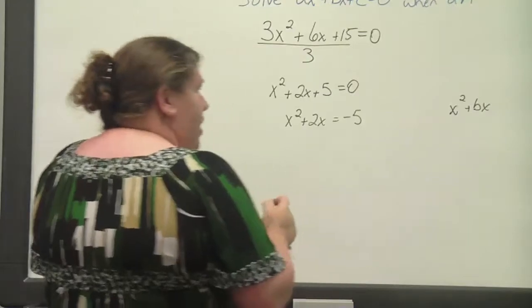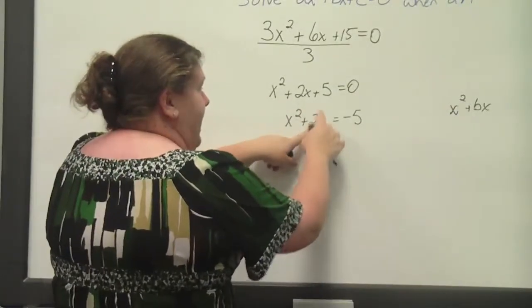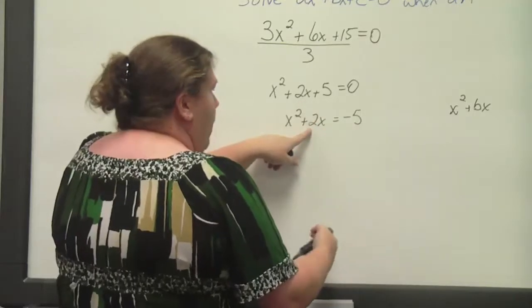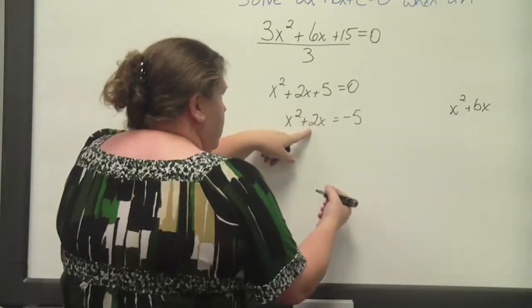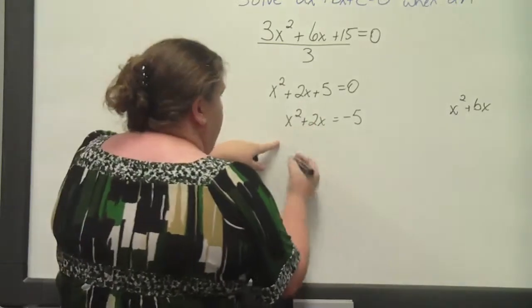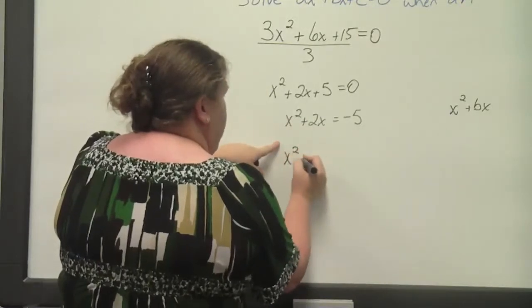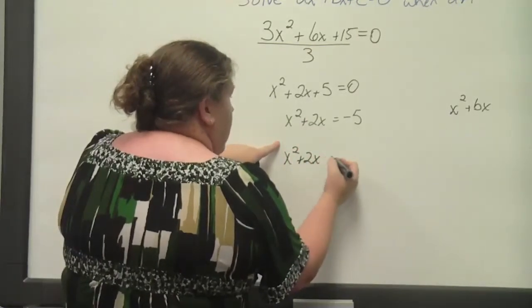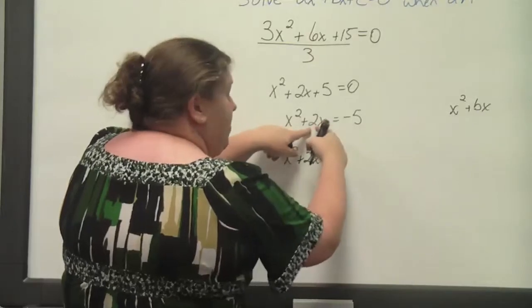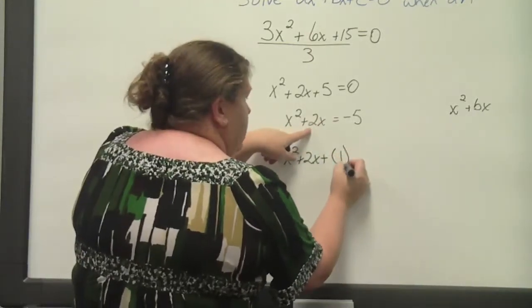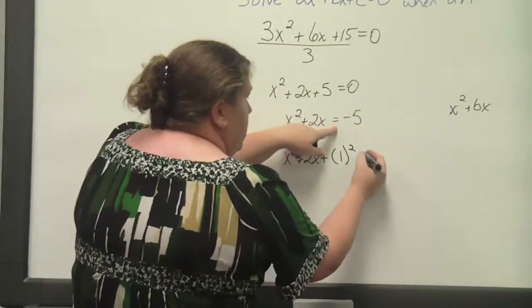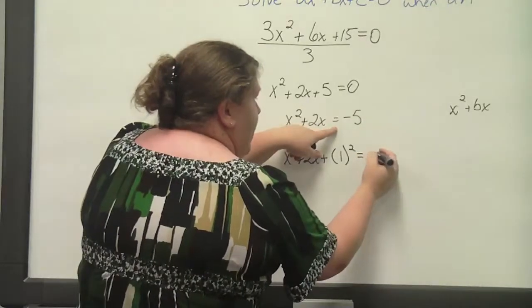The next step is to divide my b in half. So I want to divide by 2. And then I want to square that. So I'm going to go ahead and rewrite x squared plus 2x, and then plus, we did 2 divided by 2, which is 1 squared, which equals a negative 5.